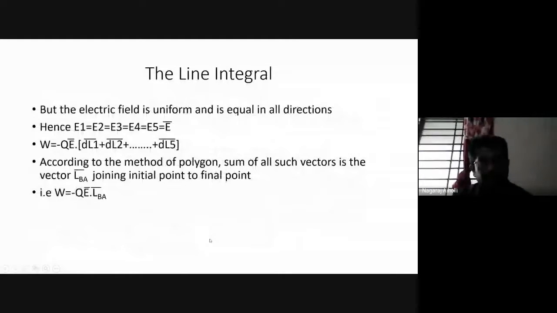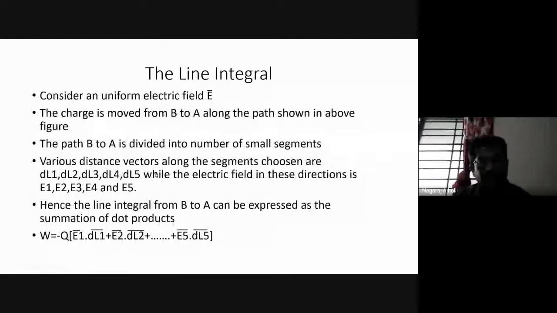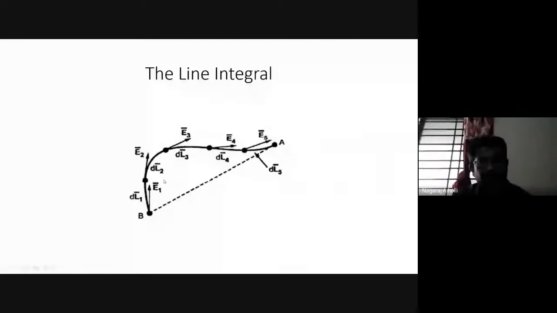But the electric field is uniform. This electric field, E1, E2, E3, E4, E5, is spread uniformly in the space. Whatever the electric field intensities may be, they are spread uniformly in the surrounding space, in the air medium.